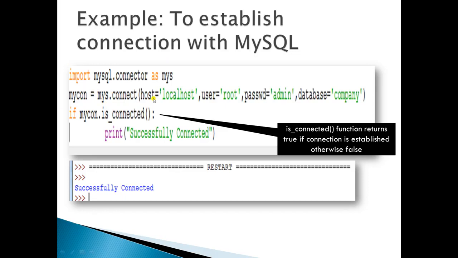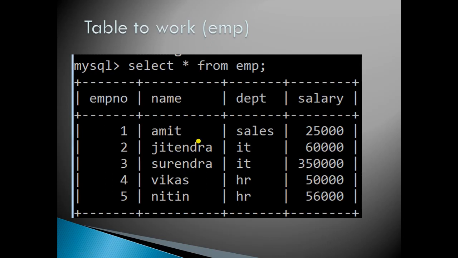Then you have to check whether the connection is successfully connected or not. mycon.is_connected is a function that returns true if the connection is established, otherwise it will give you false. Then it will print the message successfully connected. So this is your table on which you have to perform the queries.